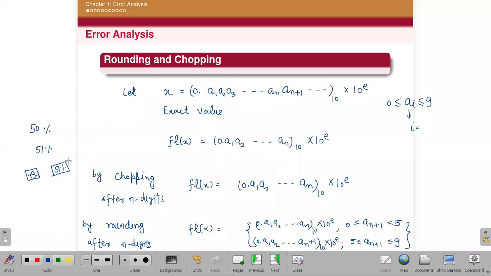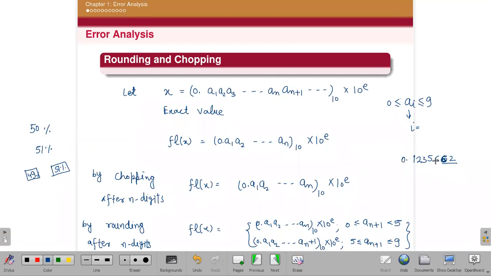So we divide the number into 50-50. Suppose I take the number 0.12356 and then 52. Since the next digit is already 6, it is greater than 5, which means it is greater than 50%.